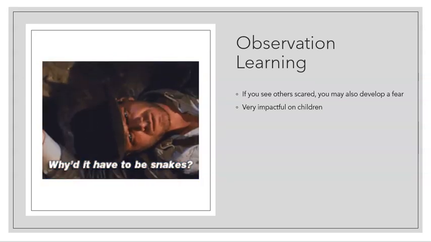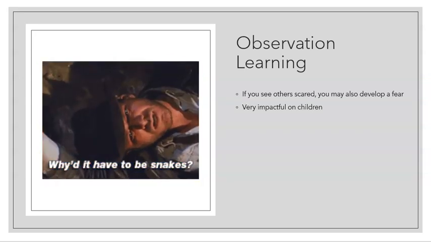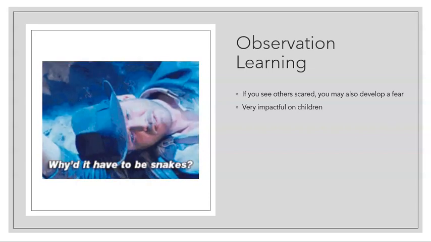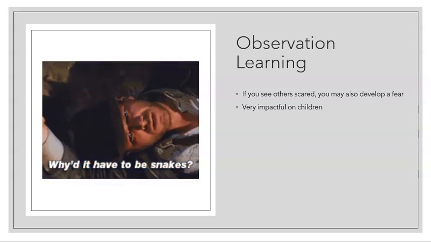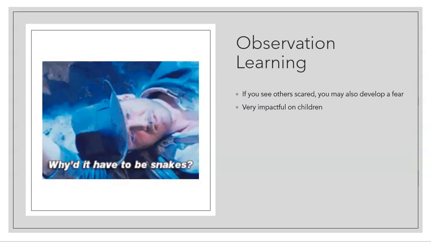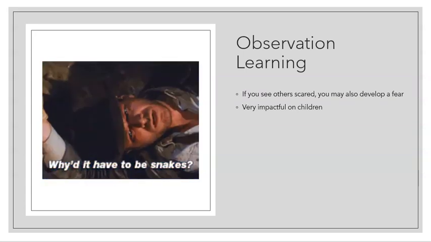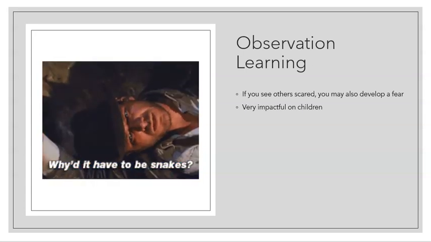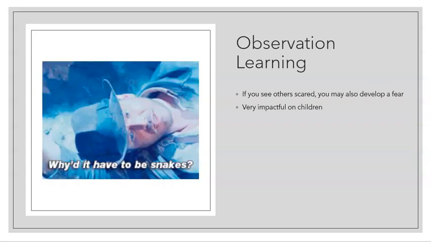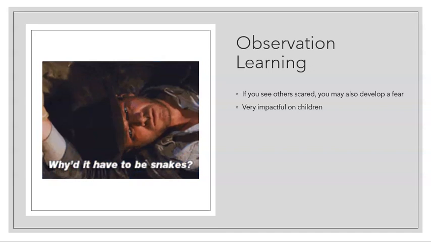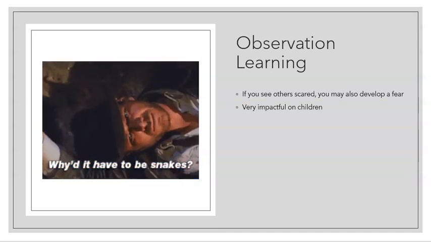And then the learned fear would be my conditioned response. So me being scared is something that I actually learned, and that's the response. Okay? You can see how my unconditioned response wouldn't necessarily be the same as my conditioned response. And so that's why observational learning is a bit different than classical conditioning.